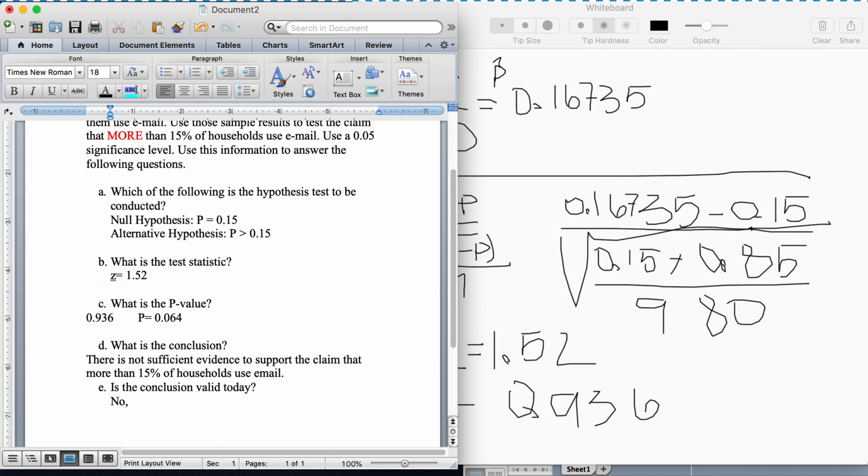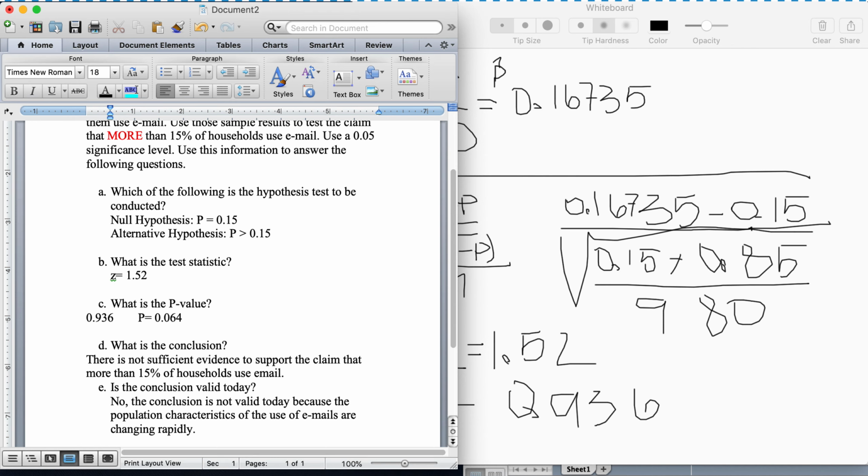And that would be no. The conclusion is not valid today because the population characteristics of the use of emails are changing rapidly, which is also completely true.